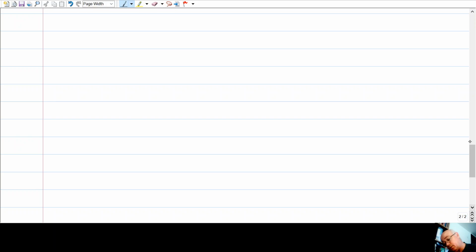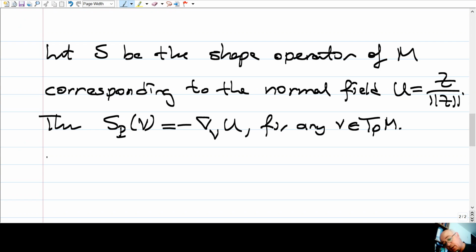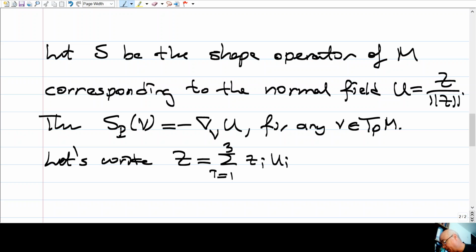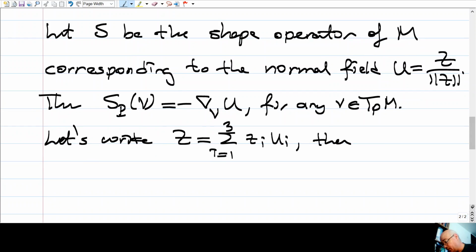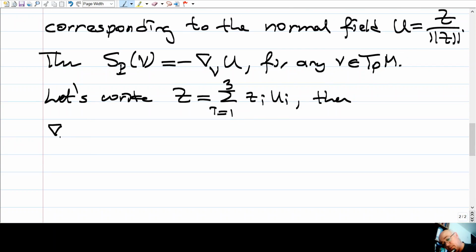Now let's write the vector field Z in coordinates, which is the gradient vector in coordinates. So this is, let's say, sum of zi ui. Then the covariant derivative of Z in the direction v is what?